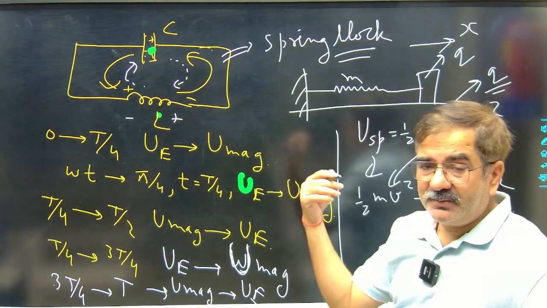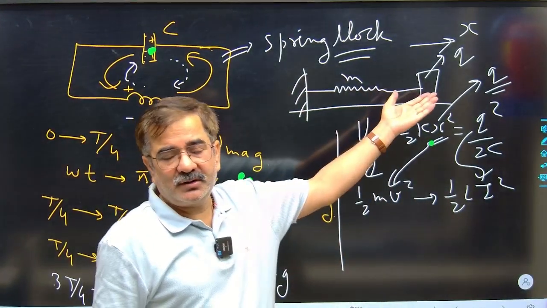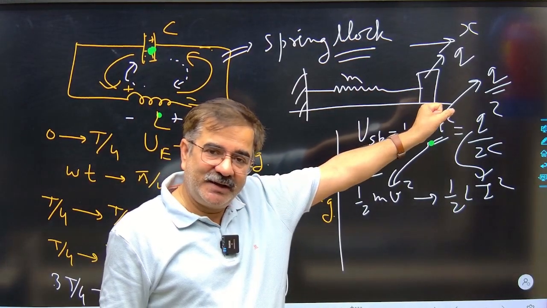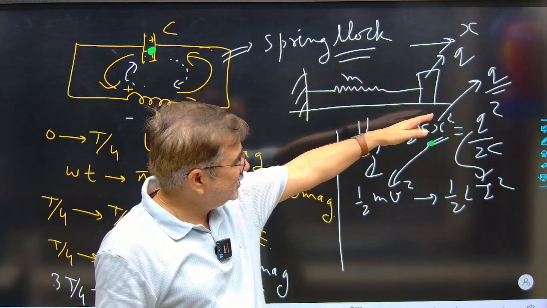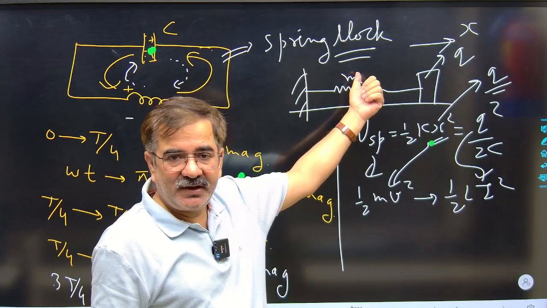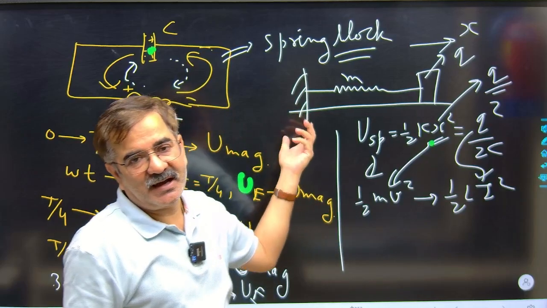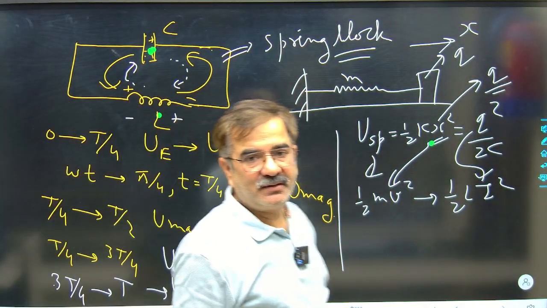So how the system oscillation happens and the displacement of energy for a spring block, you just compare them: the electrostatic energy with the capacitor energy, with the spring energy half kx square, and the kinetic energy of the block with the magnetic energy half Li square. We can simply correlate and get all the results. Getting it?